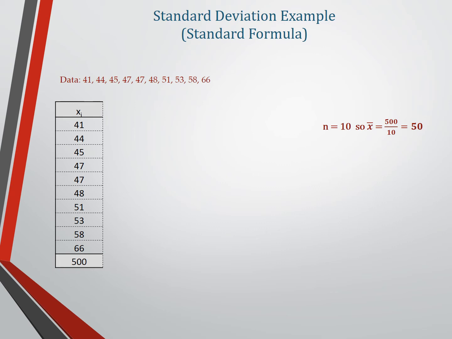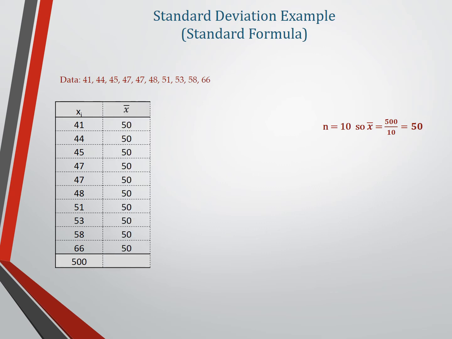We will now write that 50 10 times next to each of the values in the table we're making. So we have x bar, and here you see the 50 is written 10 times. The third step in the process, if you look at the standard deviation formula, is to subtract each x value from the mean. So that's what we're going to do.